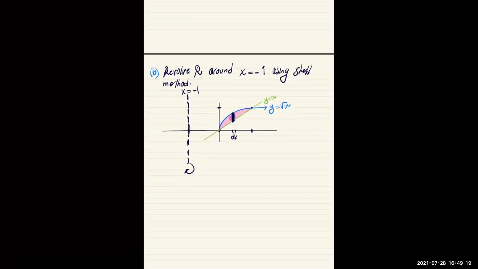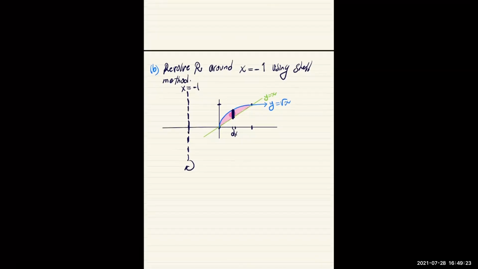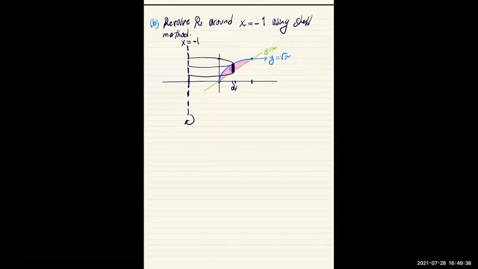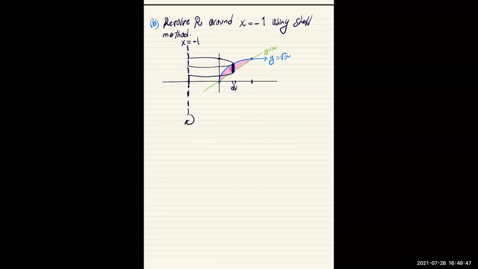Okay, so again, you don't need to draw the whole shell. Draw half of the shell. See, that's just half of the shell that I am focusing on. This is good enough for me to understand what the radius and the height are.